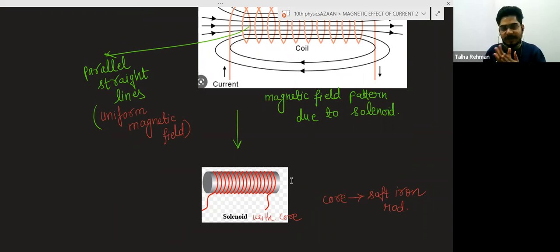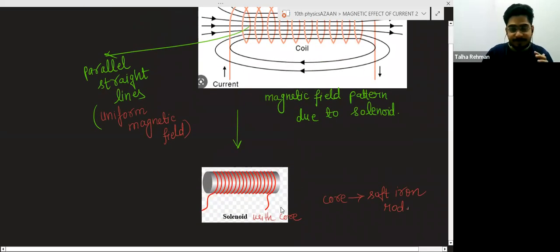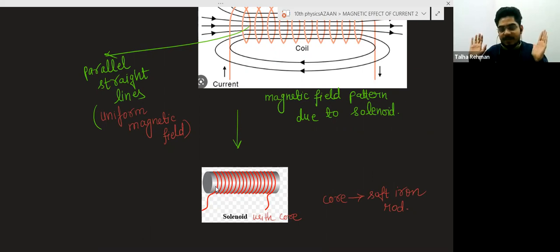We want temporary magnetism, so to get temporary magnetism, soft iron core is used. Why? Because once you switch on the current, this soft iron rod will magnetize and behave as a magnet.